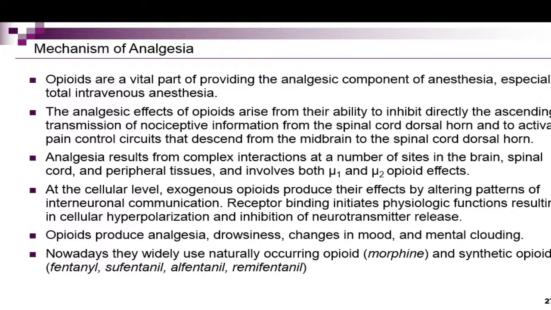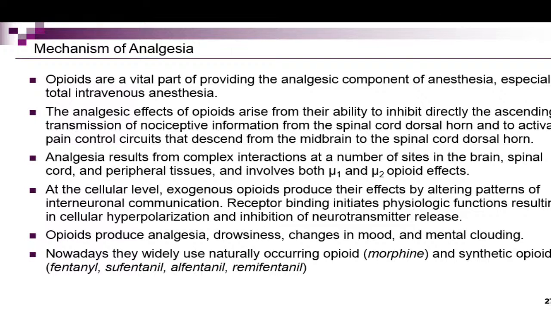Opioids produce analgesia, drowsiness, changes in mood, and mental clouding. These are side effects to analgesia. And nowadays, the widely used naturally occurring opioid is morphine, and synthetic opioids are fentanyl, sufentanil, alfentanil, and remifentanil.